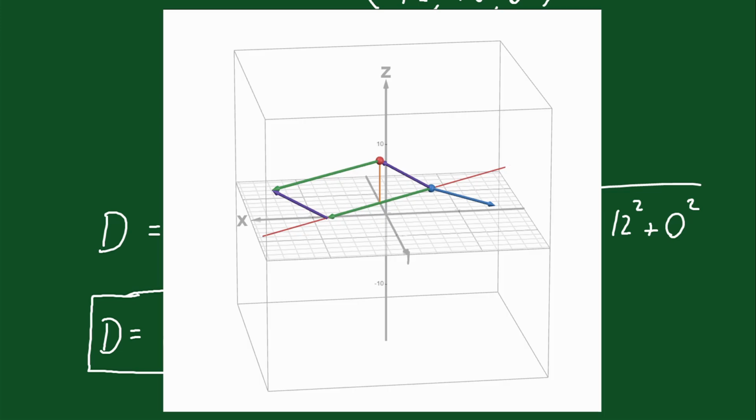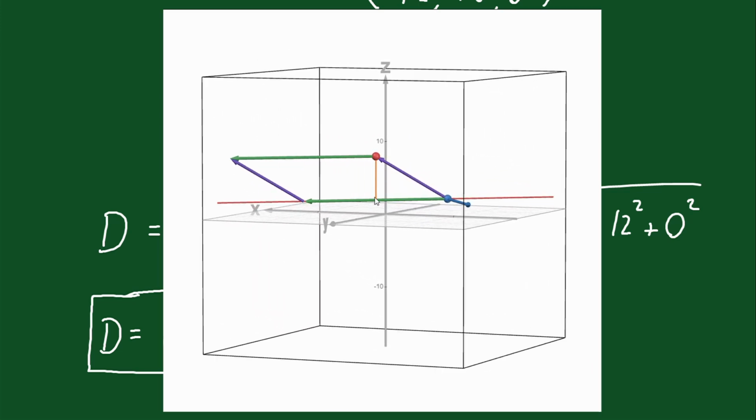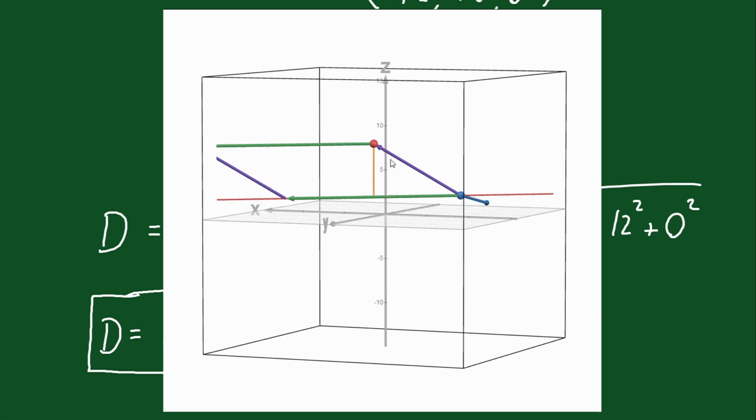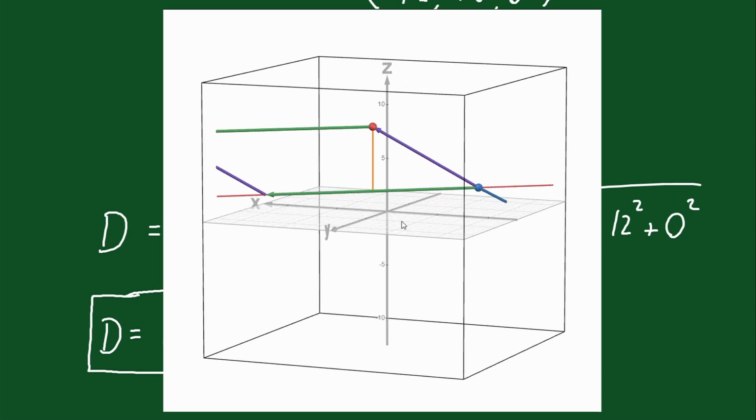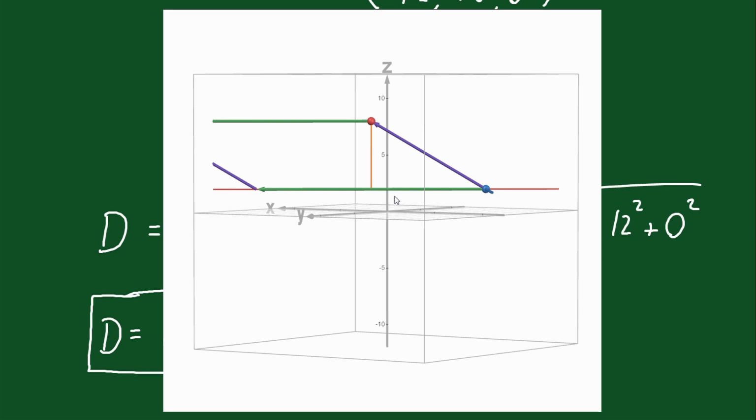So if you look at our diagram again, you'll see that this orange line here should have a distance of 6. And if you zoom in really closely and you look at this, I think that answer makes sense, right? So you have this point here, and this point is at a height of 8. We actually know that because the coordinates of this point are 1, 1, 8. And you have the line down here. And the line down here has a z value of 2, right?